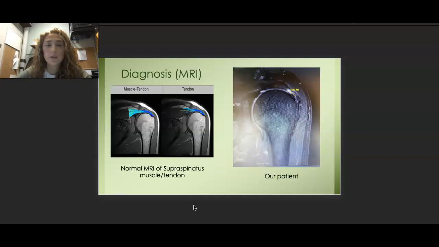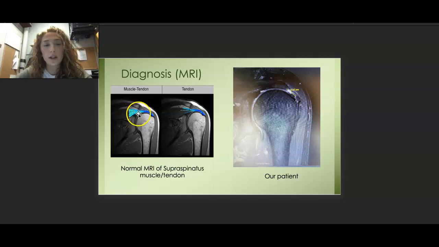So the diagnosis presenting in the office, on the left-hand side, you'll see a picture of an MRI of a supraspinatus muscle or tendon, the way that it should look. So if you can see the light blue part all the way on the left-hand side, that's the origin of the muscle or the tendon.